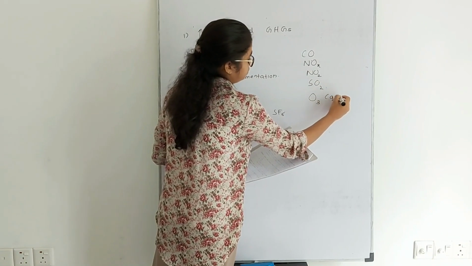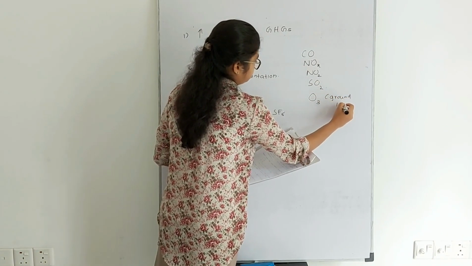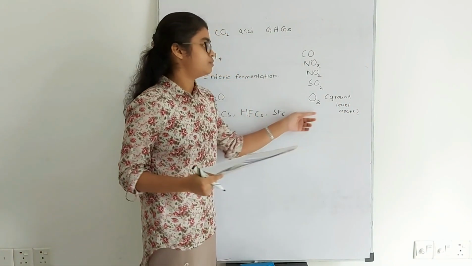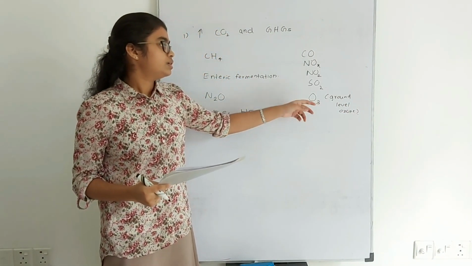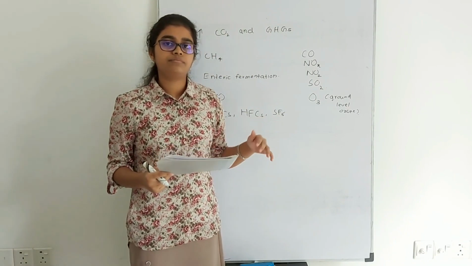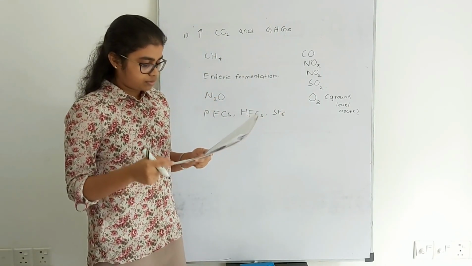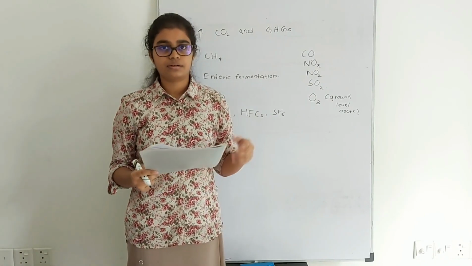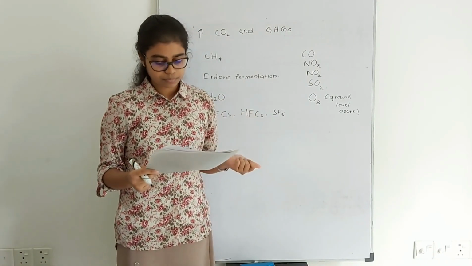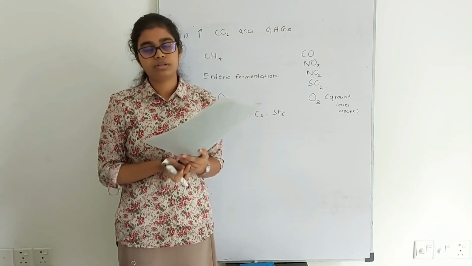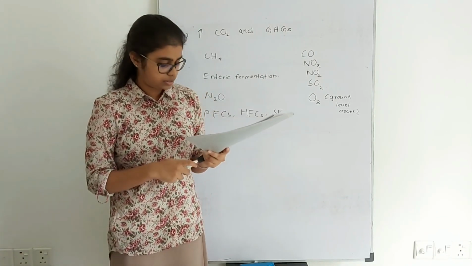We call it ground level ozone. This ozone is formed at ground level because of a photochemical reaction. So, other than the gases we discussed, water vapor and non-methane volatile organic compounds are also considered greenhouse gases.